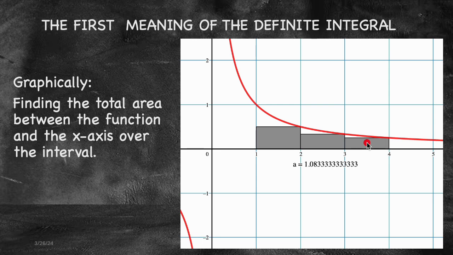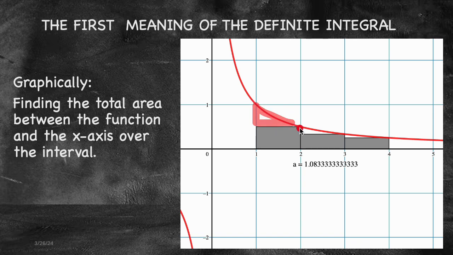Now we can add up the area of those rectangles because we know how to find the area of a rectangle. So we find the area of each one, add it up, and that will give us an approximation of the area that's under the curve and over the x-axis. However, we have this space here.